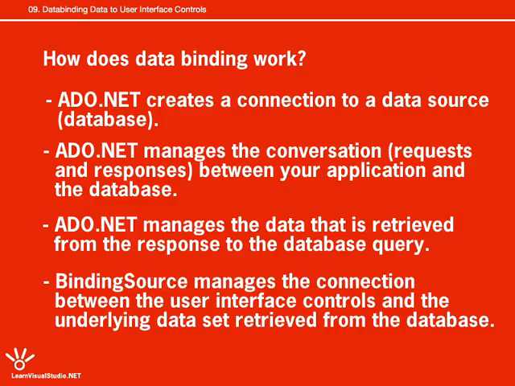And then finally, at least for our purposes, there's a class that, for the sake of data binding the data to a user interface control, will manage which row of data has been retrieved and set it to the current row. So if you have 10 rows of data your application returned from the database, all the user interface controls on your form need to know that they all need to be looking at the current row, for example, row 3.